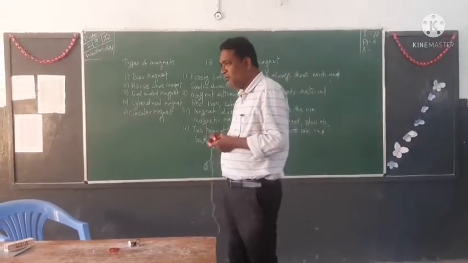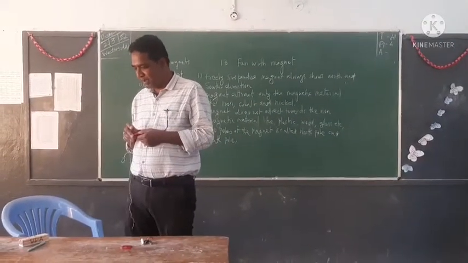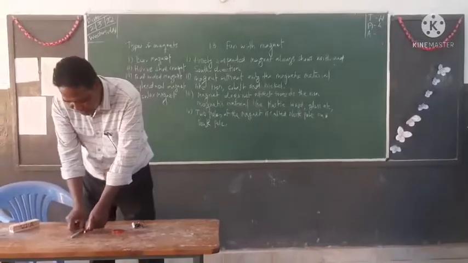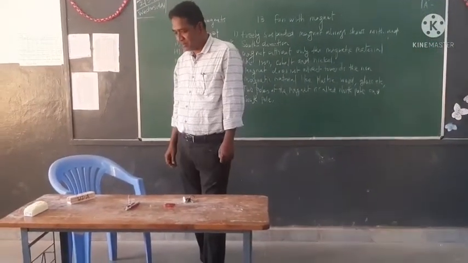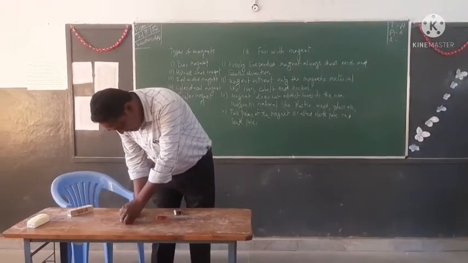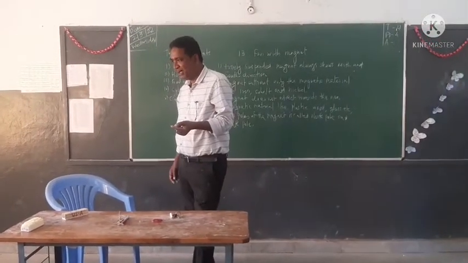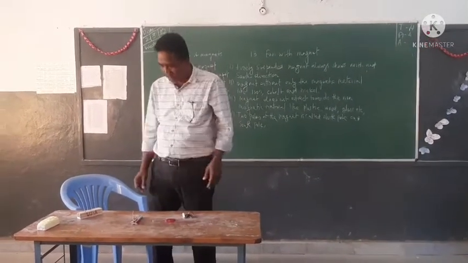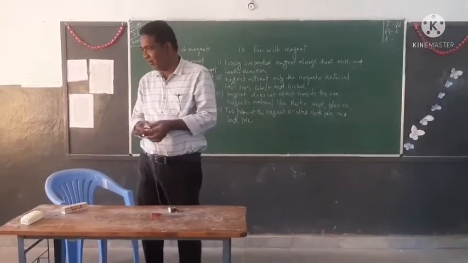So the very good method to keep these magnets is that in between them there must be some magnetic material. Okay? And the two ends of the magnet are placed in such a way that a small iron plate is fixed in between them. So this is actually the method to keep the magnet safe.